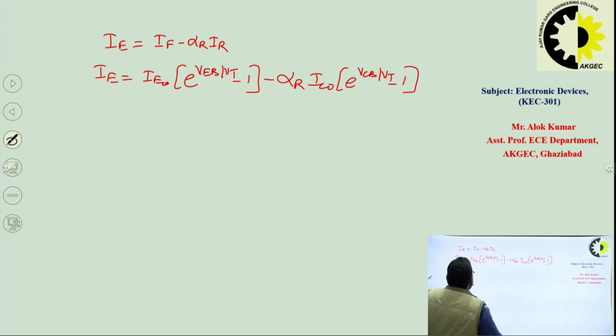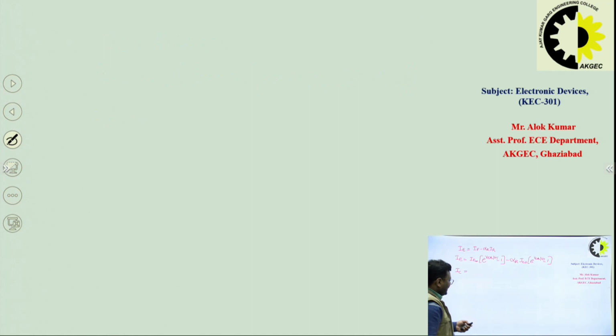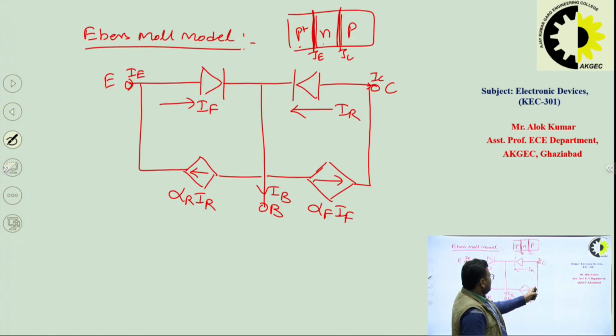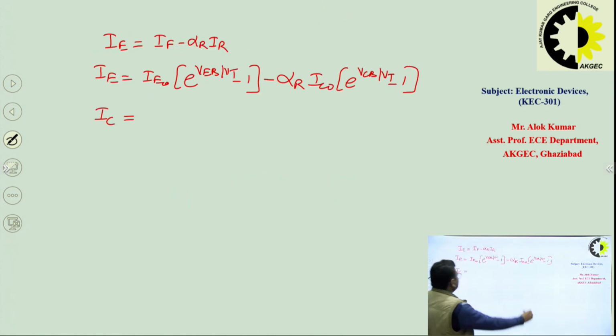Now if we talk about the collector current IC, what should be IC? IC should be equal to alpha F IF minus IR.